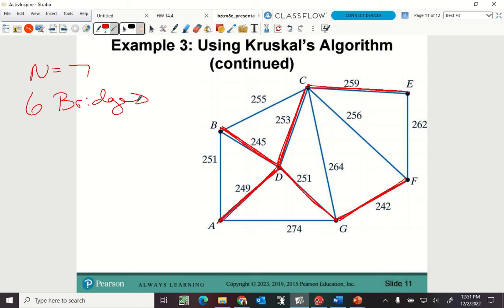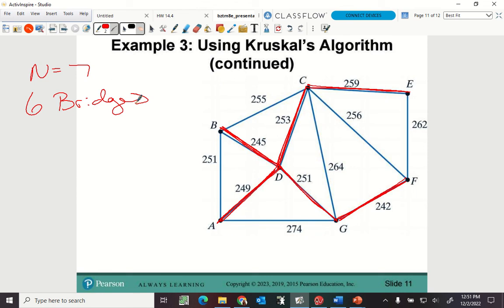I was just counting bridges. Oh, okay. I'm counting the vertices so you could actually see it, n equals 7. So it gives me 6 bridges. So do I have 6 bridges? 1, 2, 3, 4, 5, 6. 6 bridges. So I know I did it correctly. So they're all connected, there are no circuits, and so that one should end up becoming my smallest.